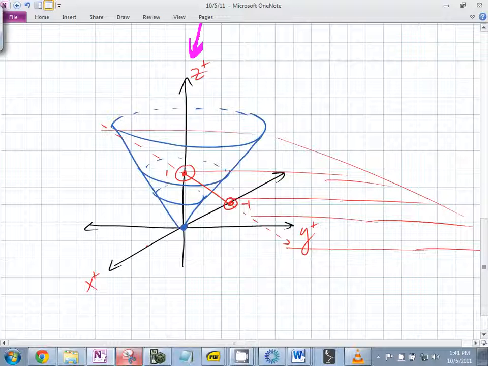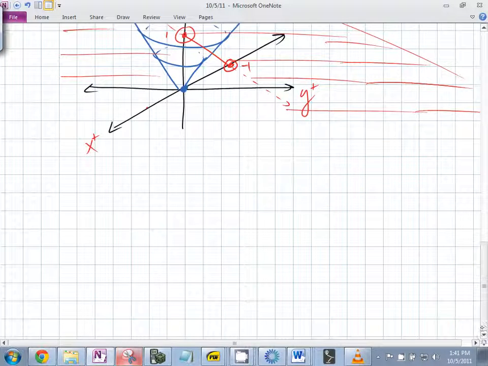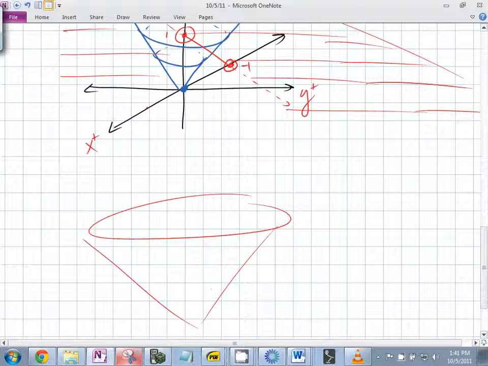No, the cone is not filled in. So we're slicing this thing, keeping in mind it's going this way too. What's the shape going to be? Do you remember what this shape is? Well, is it ever going to close? You have this, and you're cutting off down like this.